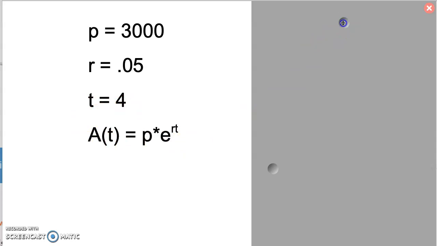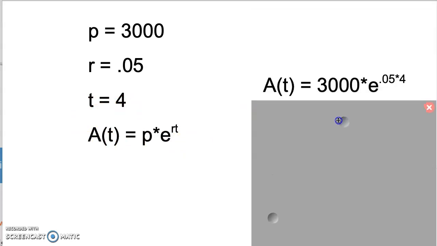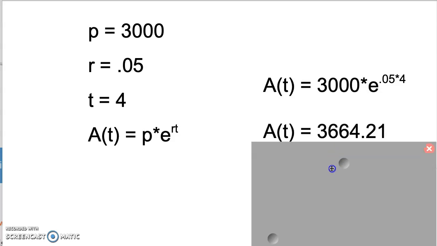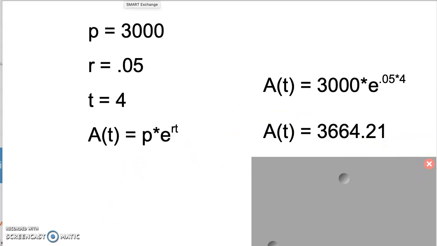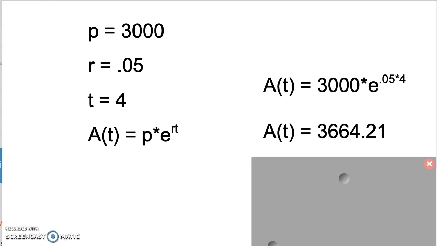So we're going to put the numbers into the equation. Looks like that. Okay, so that's pretty simple. All we have to do is put that into the calculator, and there's our answer. Okay, so at the end of 4 years, we'll have $3,664.21. And that's that. That's all we need to know about e for right now.